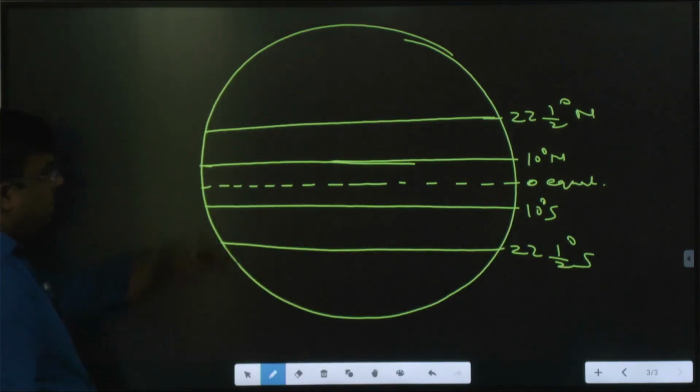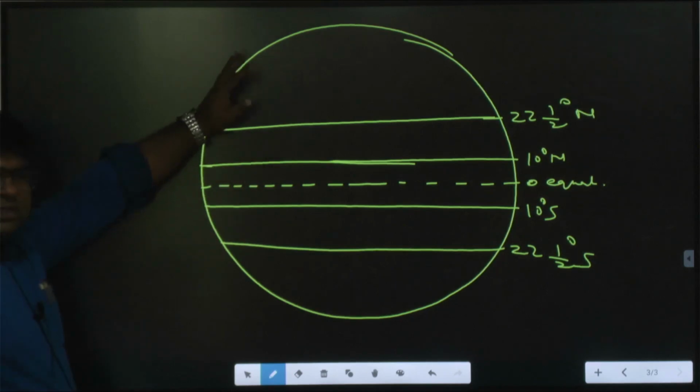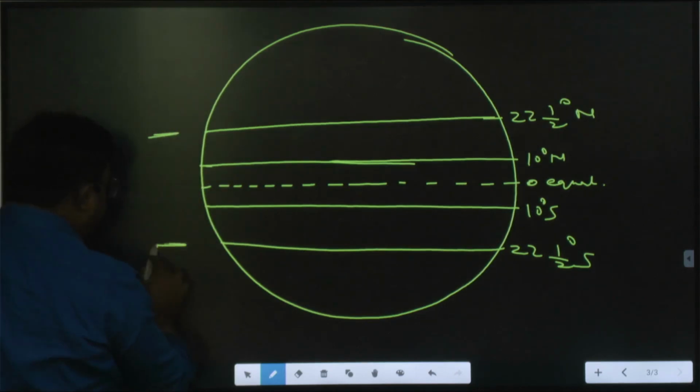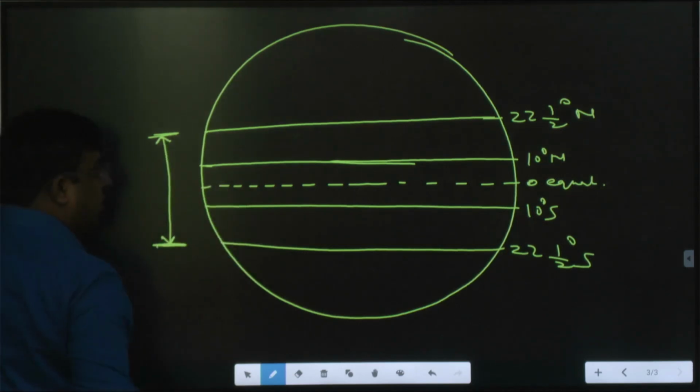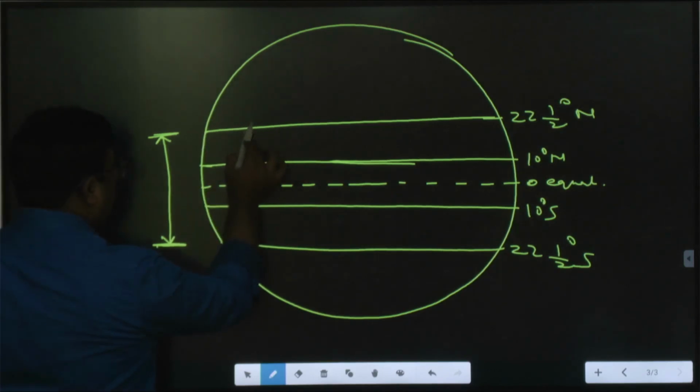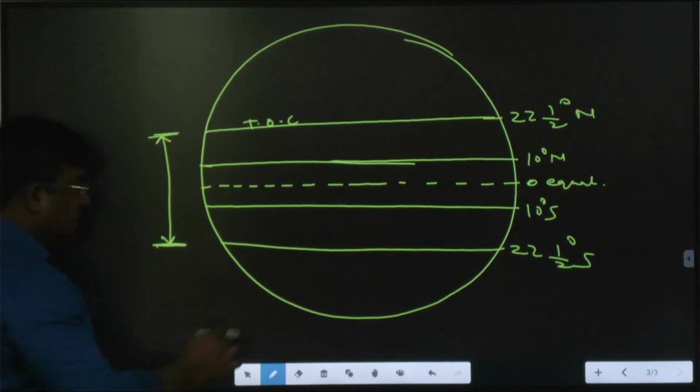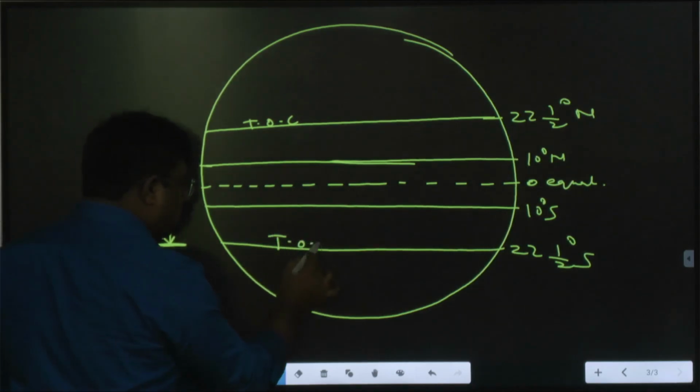And beyond this limit, there are other regions, right? This entire packet from 22.5 degrees north to 22.5 degrees south is the location of the Tropic of Cancer and the Tropic of Capricorn.